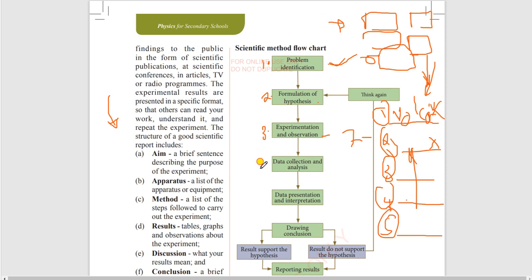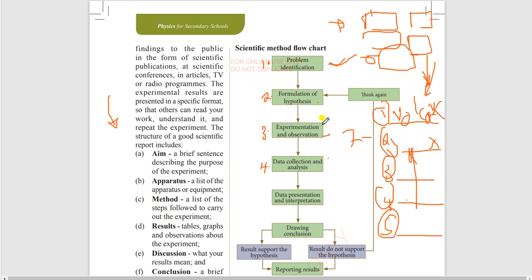So tutaenda kwenye point number 4. Wakati tunafanya experimentation and observation, at that time tunakuwa tunafanya procedure number 4 ambayo inaitwa data collection and analysis. Tumepanda hapa miogo, tutaanza kuangalia miogo, tunafanya data collection.